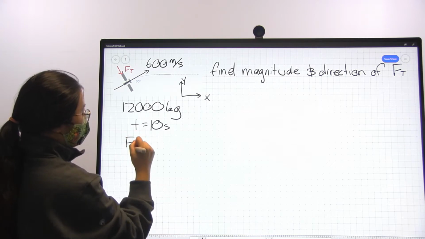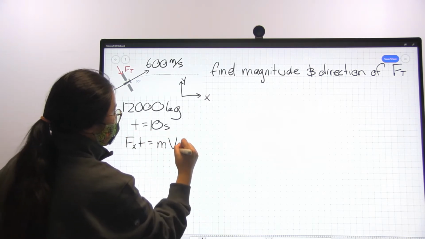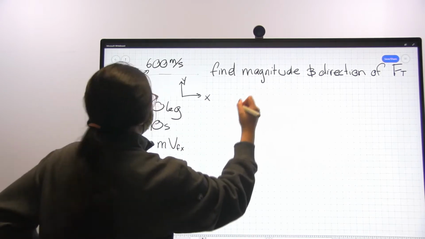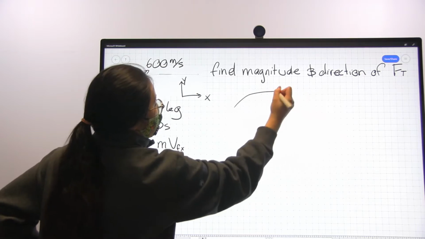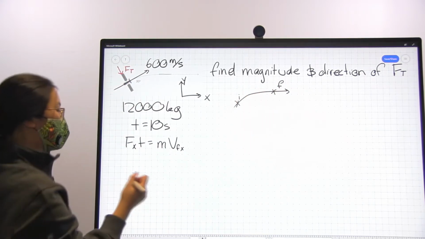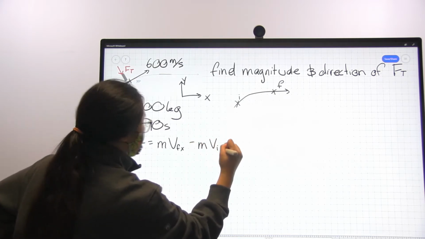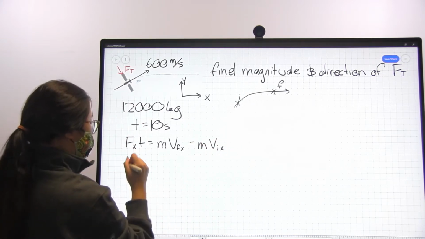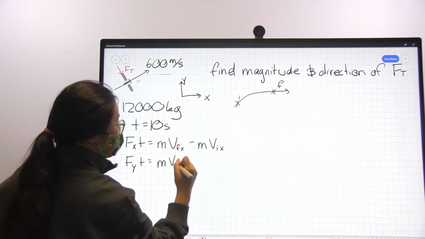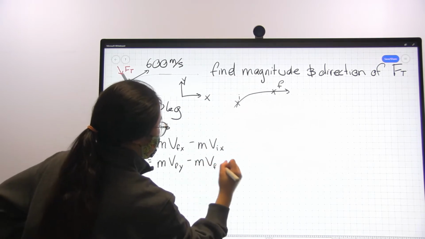So, F_x times t is equal to m v final x direction minus m v initial x, and F_y t equals m v final y minus m v initial y.